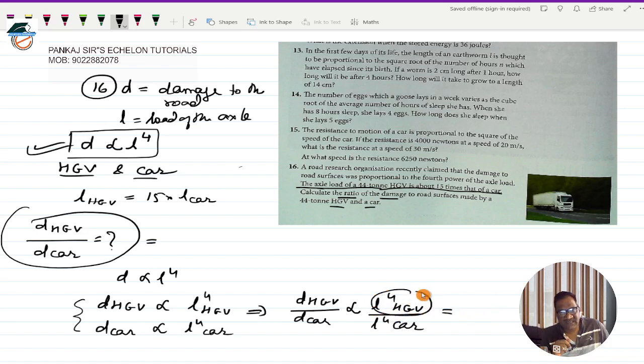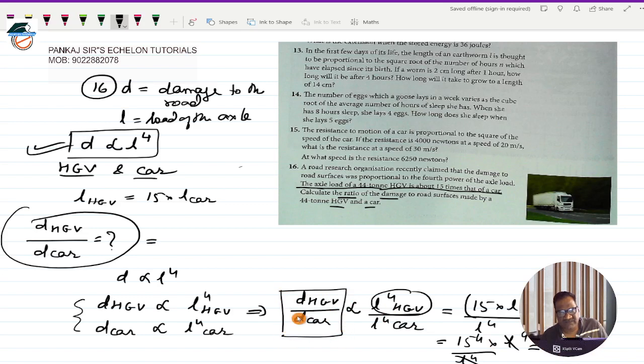So this thing I can write as 15 into L whole raised to 4, upon L raised to 4. Okay, right? So this works out to 15 raised to 4 into L raised to 4 upon L raised to 4, and L raised to 4 will cut out and you will be left with 15 raised to 4 upon 1. So the ratio of the damage caused by the HGV to the damage caused by the car to the road surface will be 15 raised to 4 upon 1.